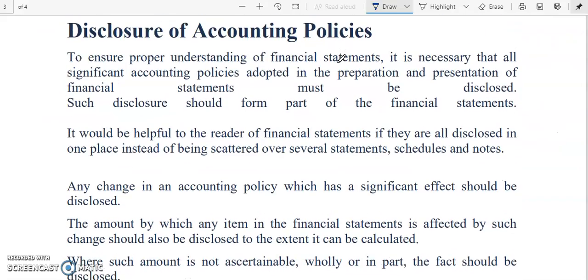Now, disclosure of accounting policy. This is the main portion of this standard. This standard requires that the organization should disclose all the accounting policies adopted in the preparation and presentation of a financial statement, and such disclosure should form part of the financial statement.